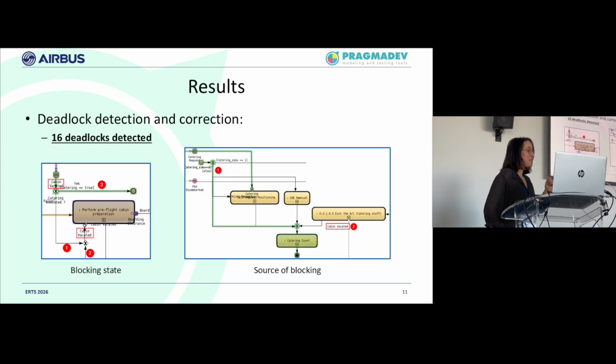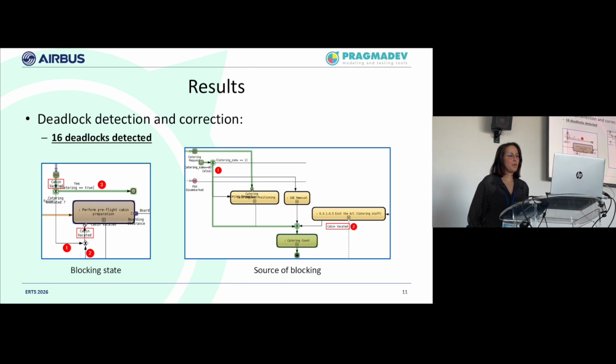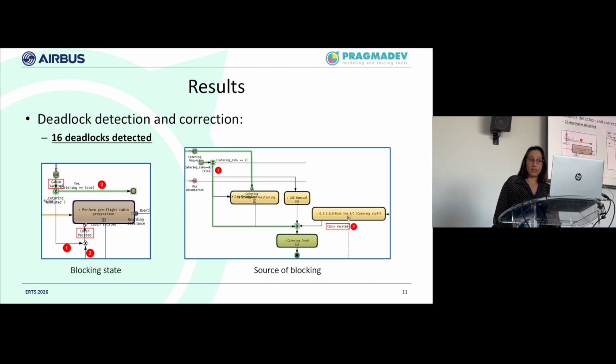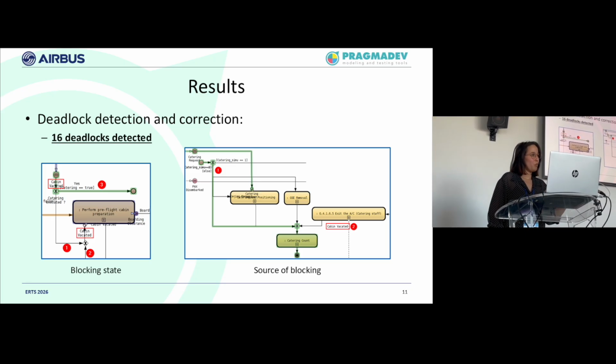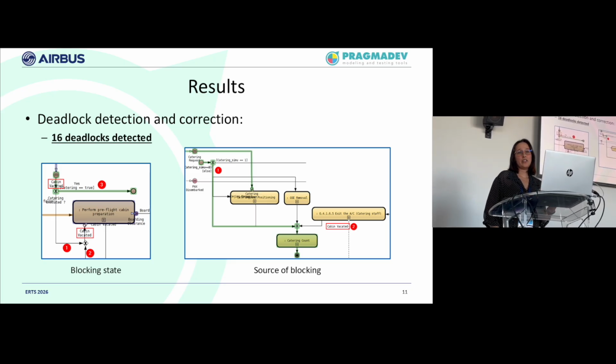Then before looking at the simulation, we had to make sure that our model was functional and deadlock-free. This is one of the capabilities that Pragmadev allowed us to have: formal verification. We thought our model was perfect on paper, but by transforming it using the tool, we found 16 deadlocks.